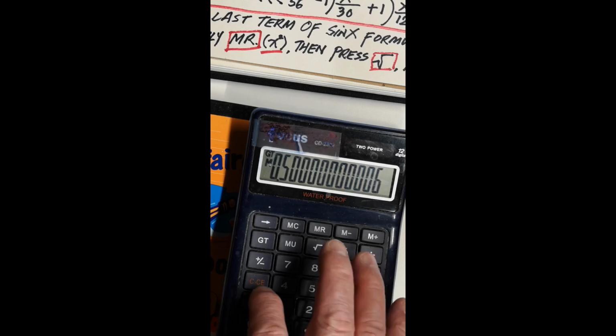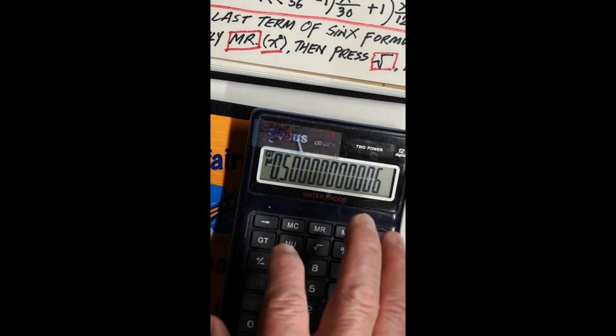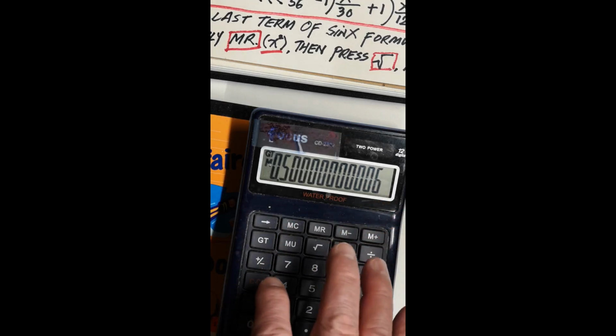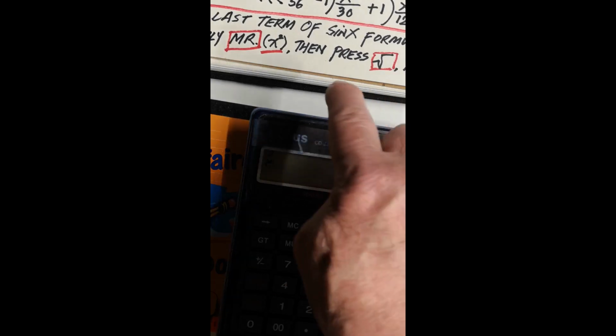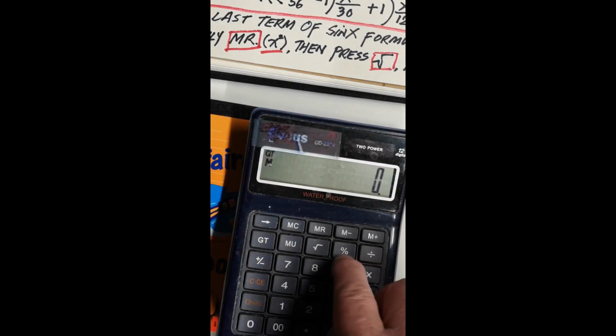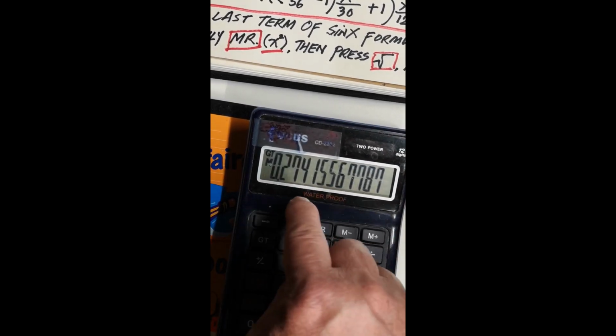And solving for cosine of 30 degrees, we do the same thing. Using the same 30 degrees, this one is x squared.